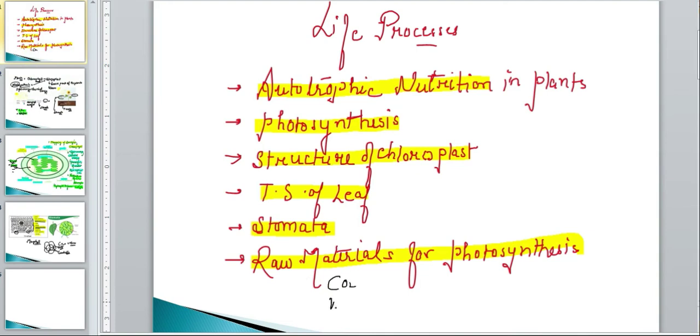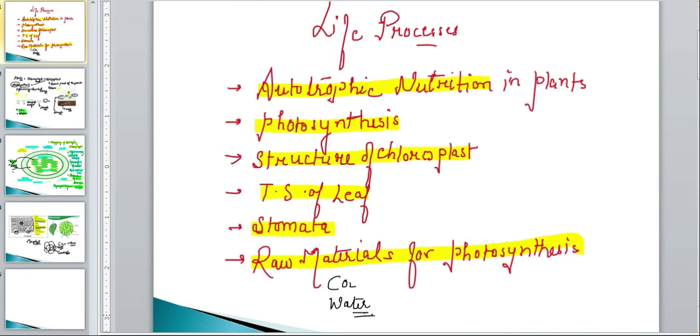You have to remember the point that the water enters through the roots. Actually, the roots have root hairs through which the water gets absorbed, and water is present in between the soil particles, right? So these are the points which we have planned to cover, and we have covered.